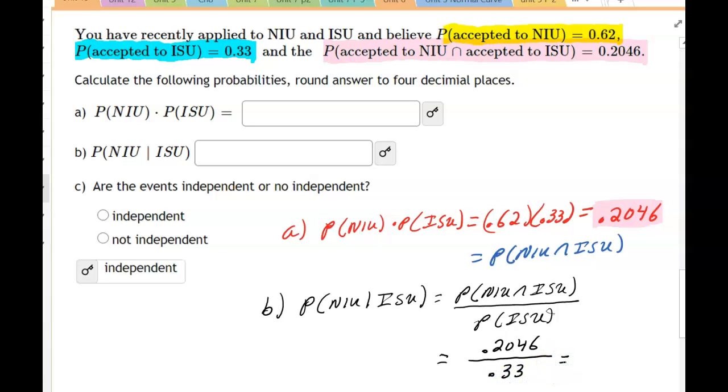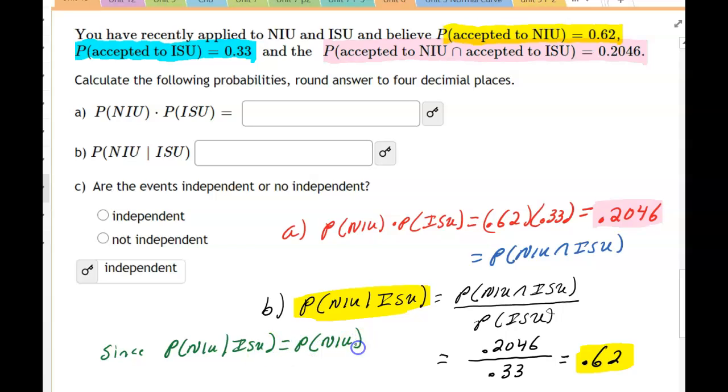Dividing those two numbers, I get 0.62. If you look at Part B, you can see that the probability of NIU given Illinois State is 0.62. And that is the same as the probability of being accepted to NIU. So since the probability of NIU given Illinois State is equal to the probability of NIU, this also justifies that the two events are independent.